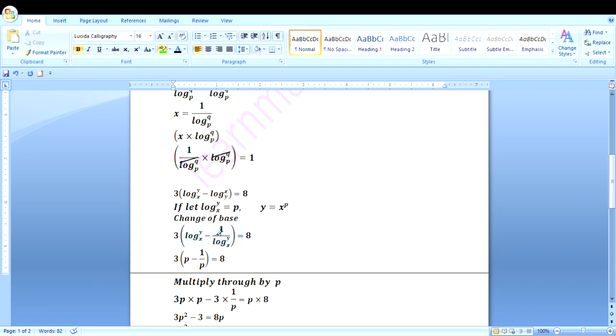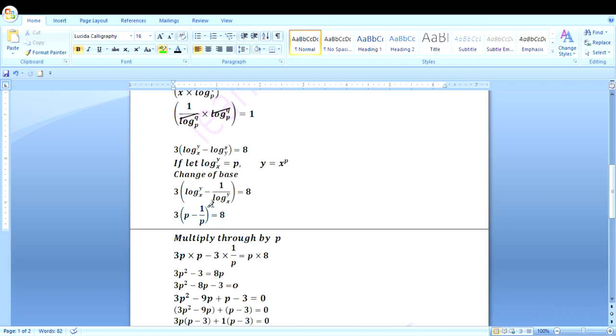And if we do that, we can use change of base here by turning log x to base y to be 1 over log y to base x. So that in place of log y to base x we put p. This becomes 3 open bracket p minus 1 over p close bracket equals 8.